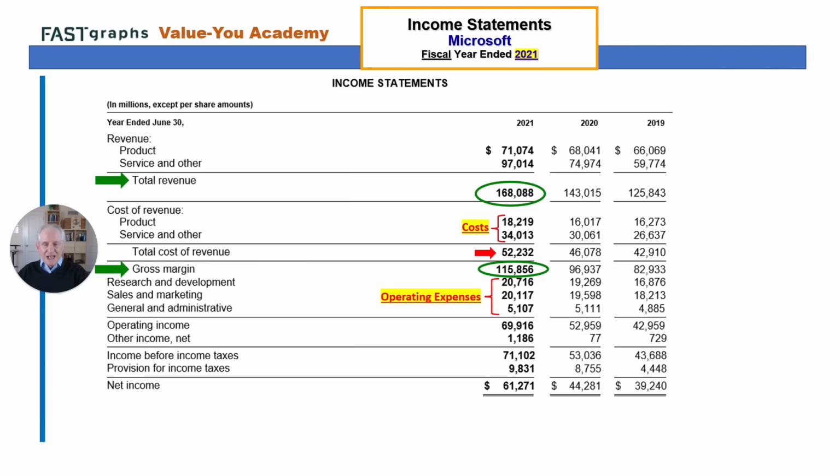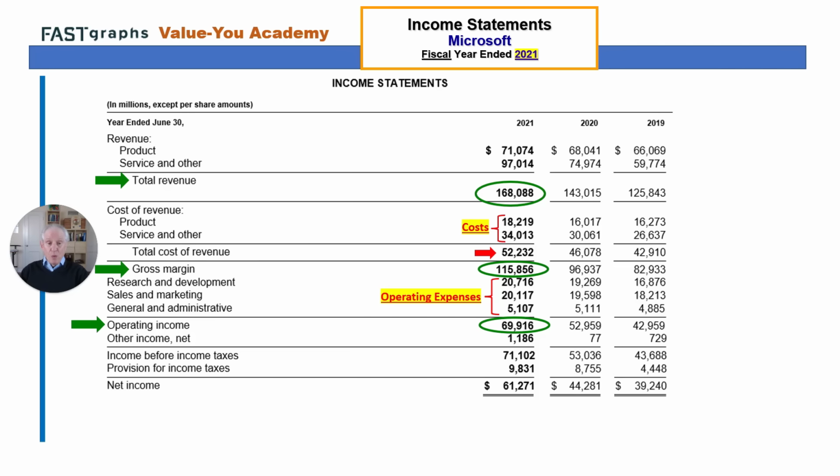So now we're going to take all of those off of the 115.8 and get that EBIT, operating income, of 69.9, almost 70 billion.